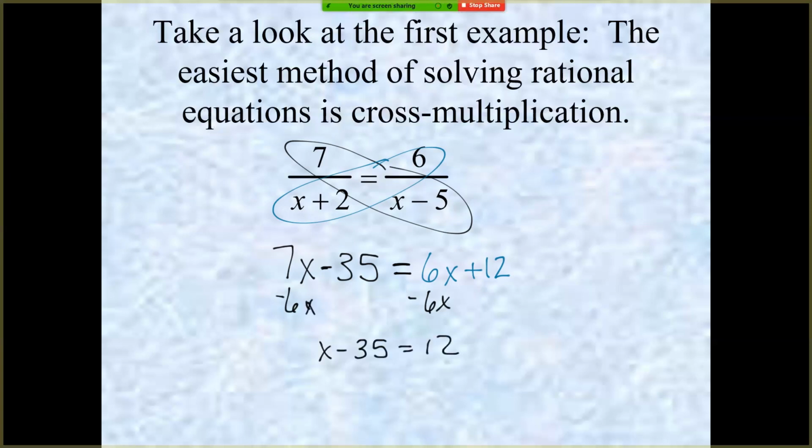Add 35 to both sides. So x equals 47. If you wanted to check your answer, you could plug 47 back into the original, and the left side, when you simplify it, should equal the right side when you simplify it.